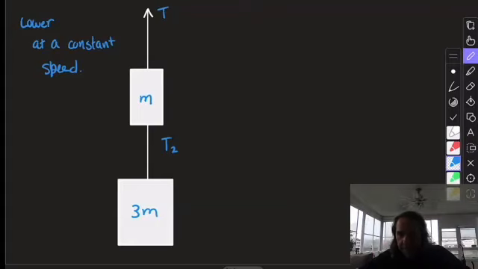I'd be happy to hear what you have to say in the chat if you don't want to say it out loud. Again, if I'm just holding the 2 boxes and I start lowering them at a constant speed, does the tension in the middle increase, decrease, or stay the same?